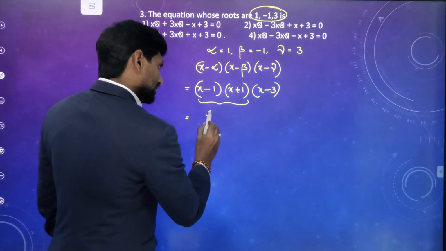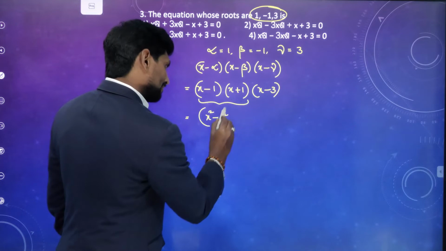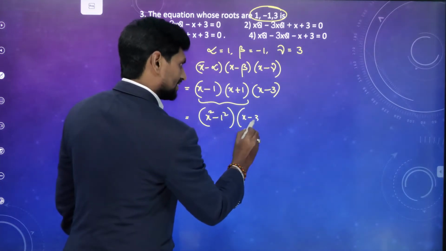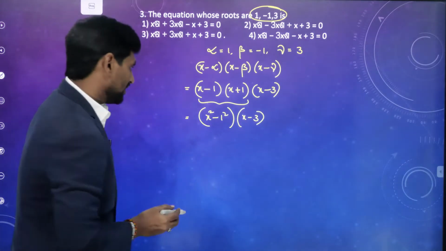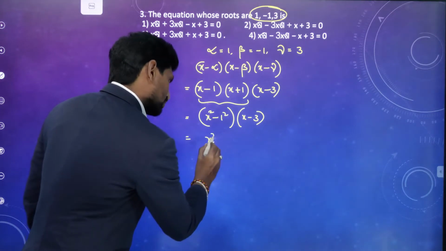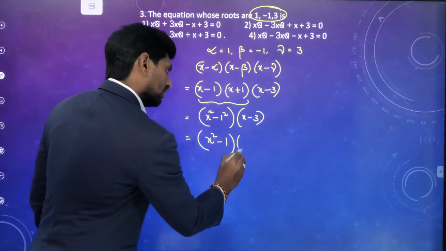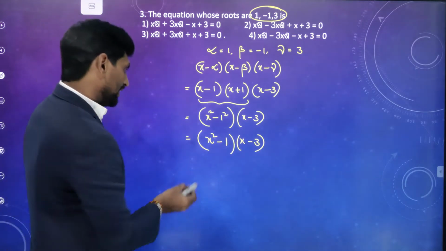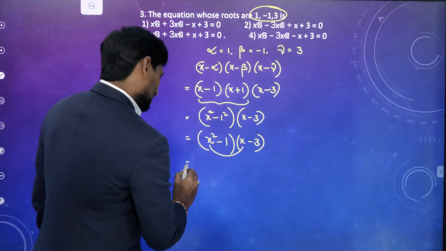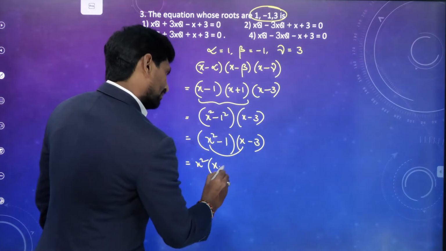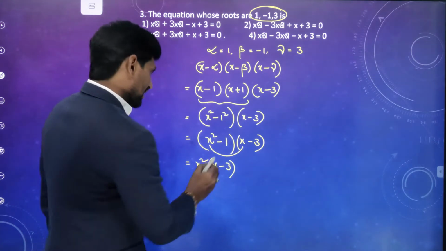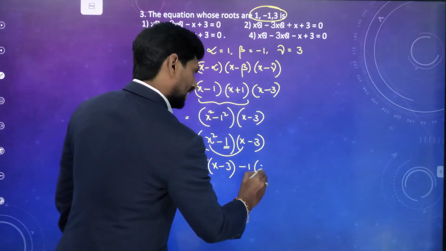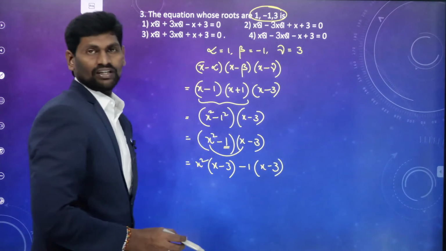So this is x square minus 1 square into x minus 3. Okay. Now x square minus 1 square, value 1 itself. Now this is binomial into binomial. We need to multiply x square into the entire second binomial x minus 3, and -1 into the entire second binomial x minus 3.